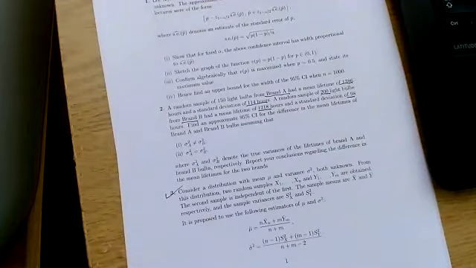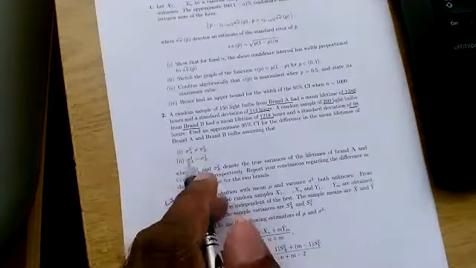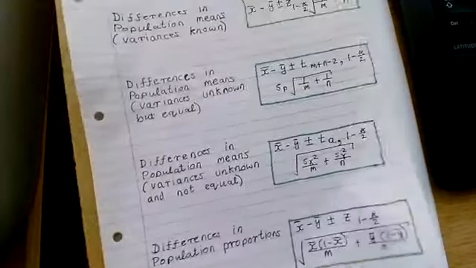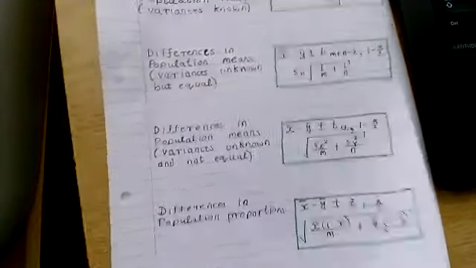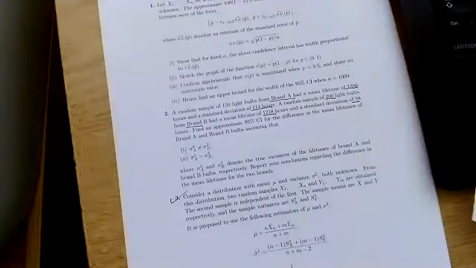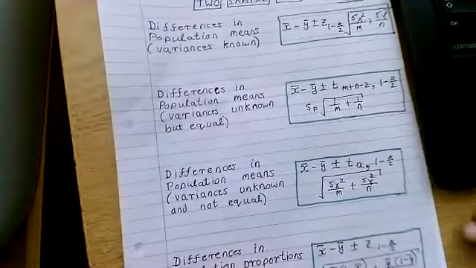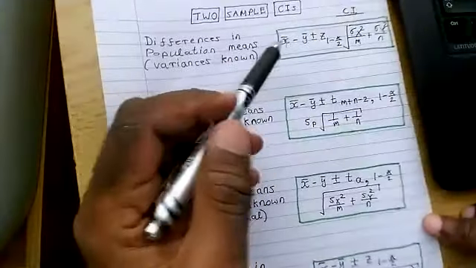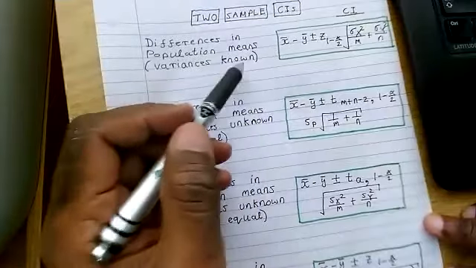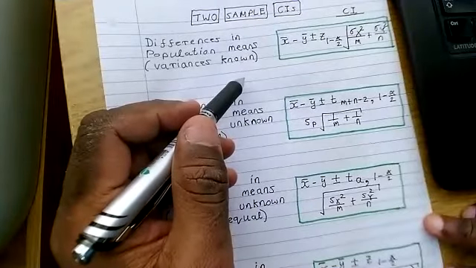For the first part of question 2, which of these formulas do you think we should use? There are four formulas, right? This is the formula for the difference in population means when the variances are known.